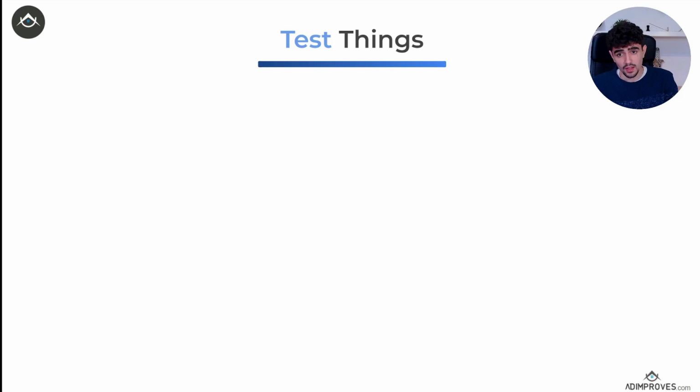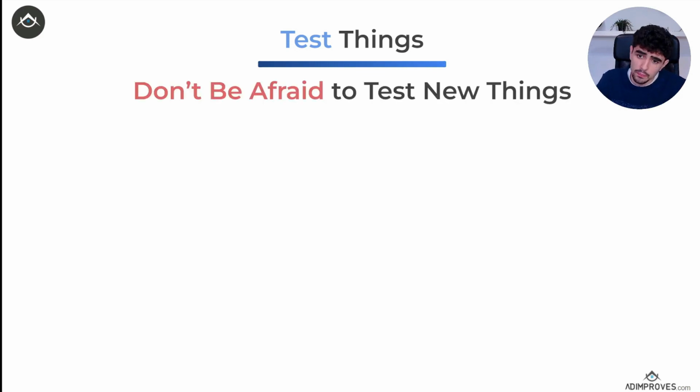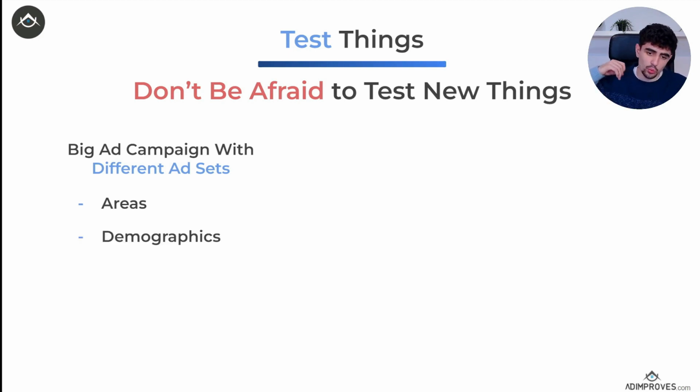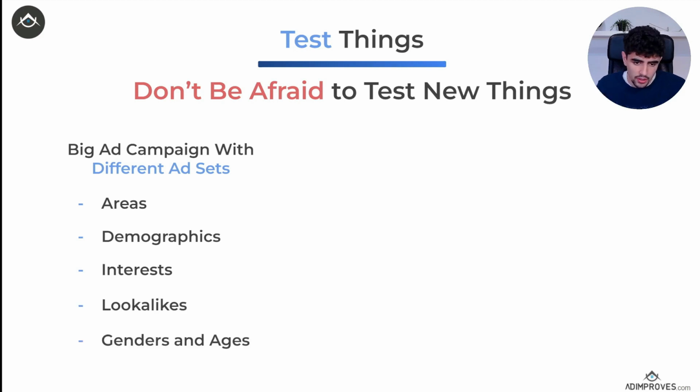So, testing things. Don't be afraid to test new things, okay? As I said, I usually like to place a big ad campaign with different ad sets: ad sets related to areas, demographics, interests, lookalikes, gender and ages, and a bigger, broad audience.